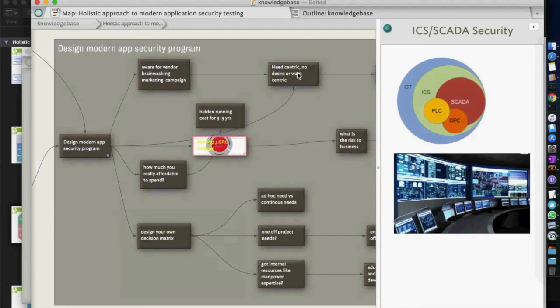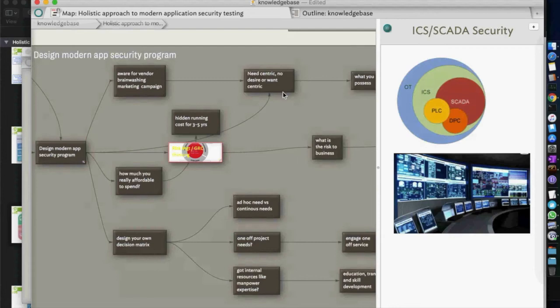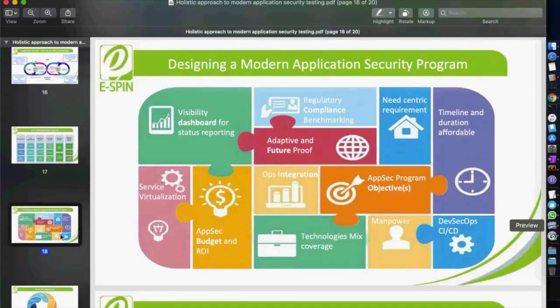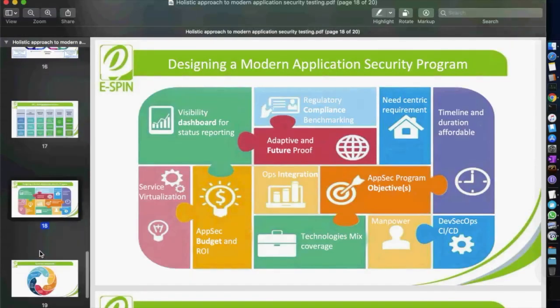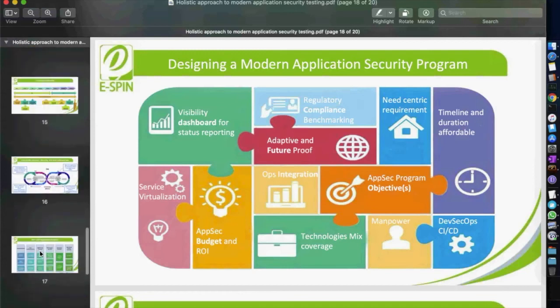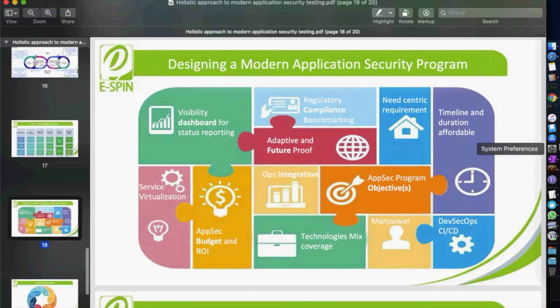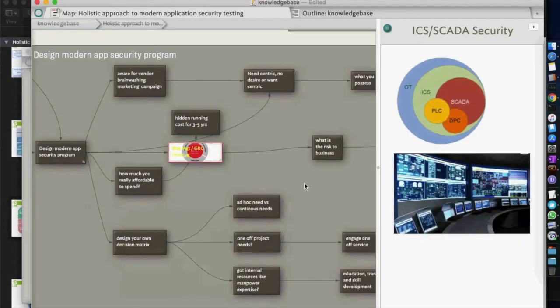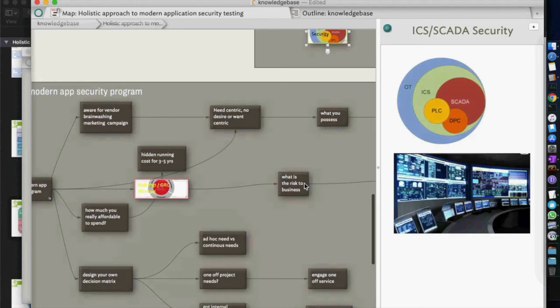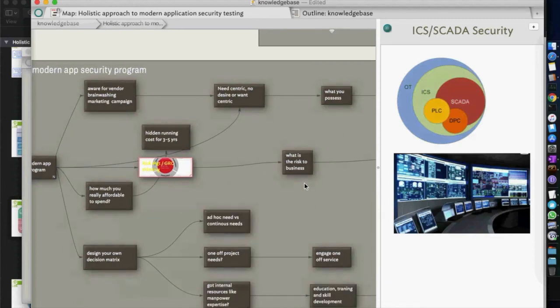That's why you need to go for what I call need-centric. You must base it on what you need, not what they want you to buy, the desire to have a bundle or something that you actually won't use, or where using it puts you in a very good scenario for their licensing scheme.